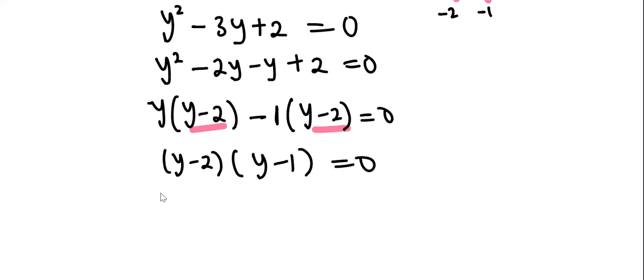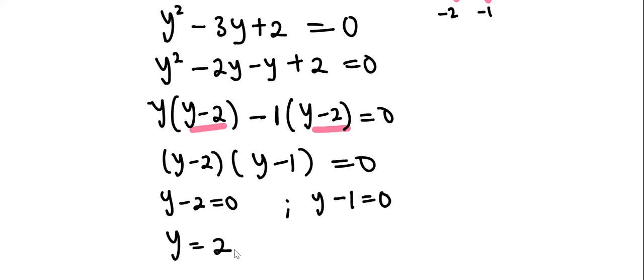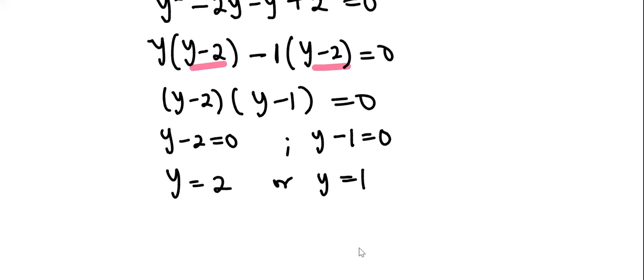So you can say that y minus 2 equals 0, or y minus 1 equals 0. So y equals 2, or y equals 1. In this case, I'm going to say my y1 is 2 and my y2 is 1. Don't forget, we've only been able to solve for y.